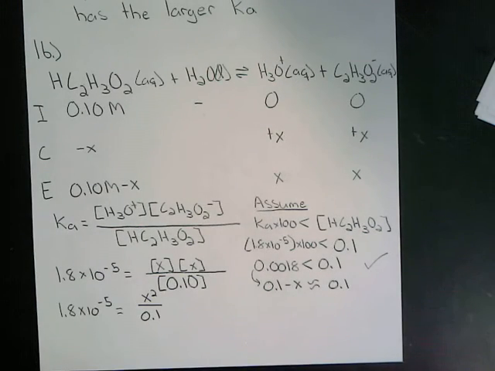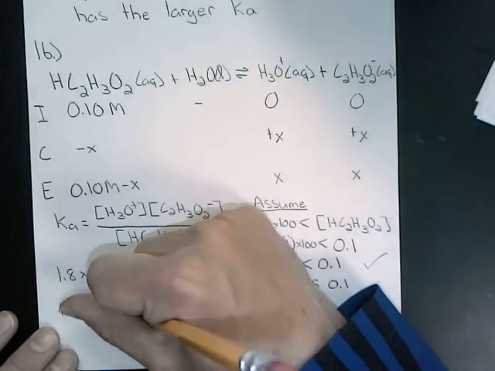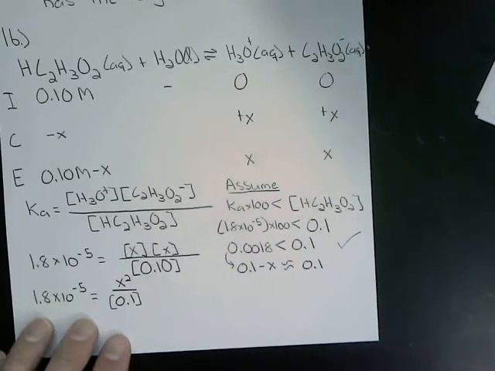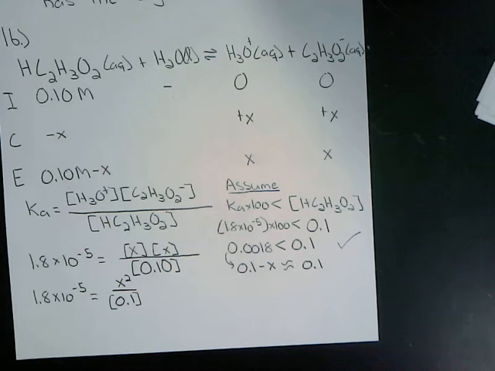So now, here's what I'm going to do. I'm going to solve for X. I'm going to skip some steps here and just tell you what our X is. Now, you need to go through and make sure that your algebra is correct, but as long as you've done these steps, we should be good to go.